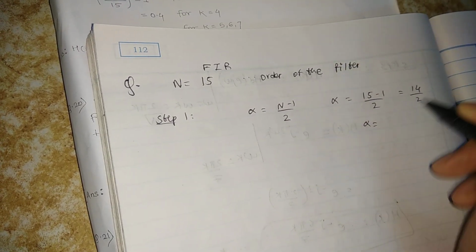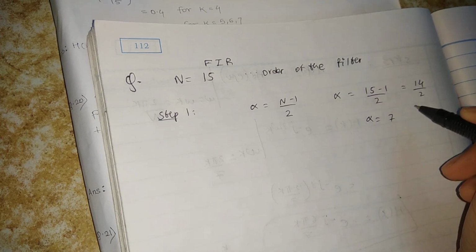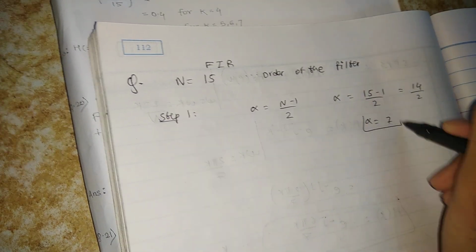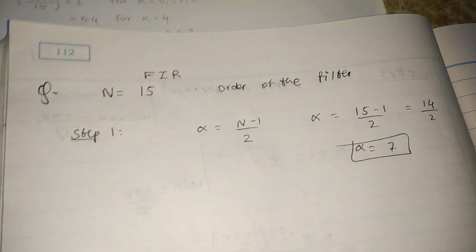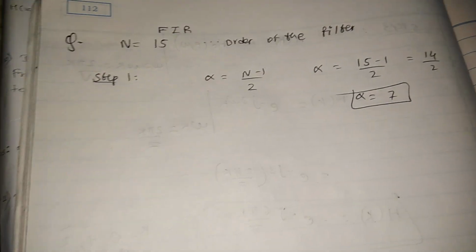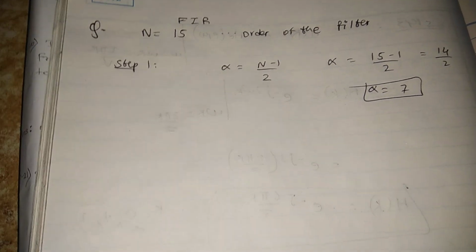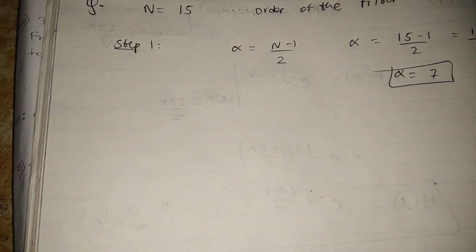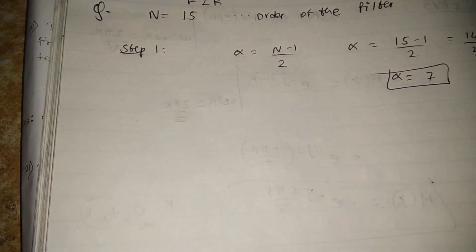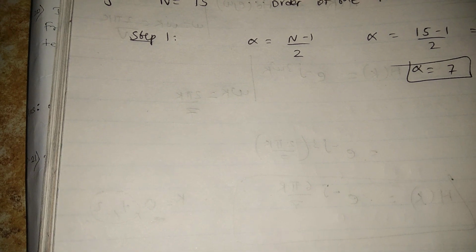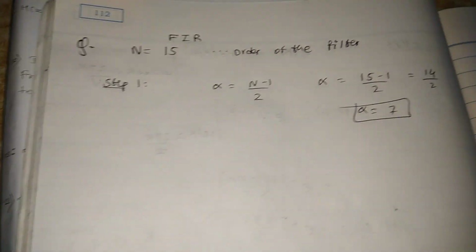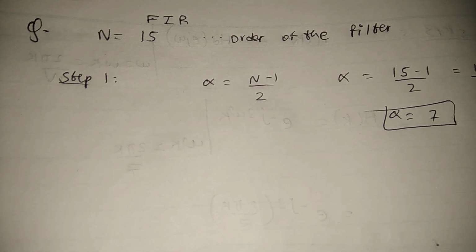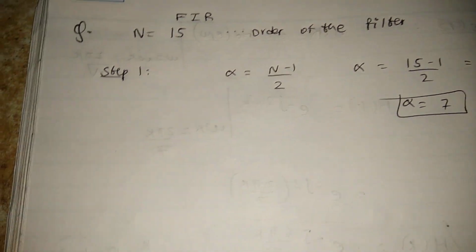That means alpha you will get as 7. From this you are able to calculate the value of alpha. Up till this much it is very clear. After knowing alpha is equal to 7, let's move ahead.